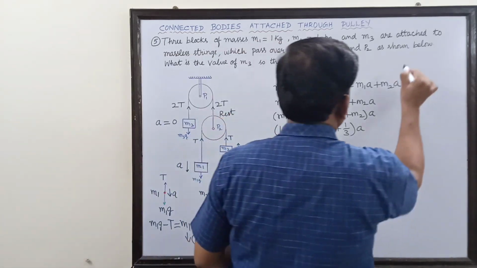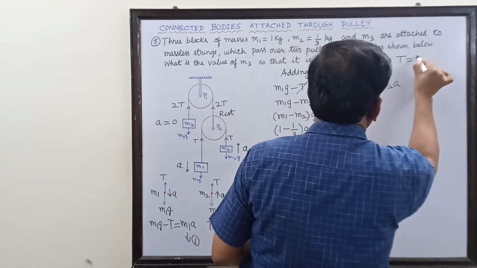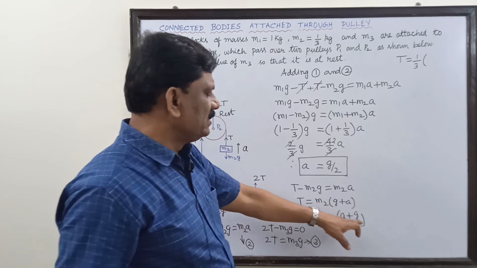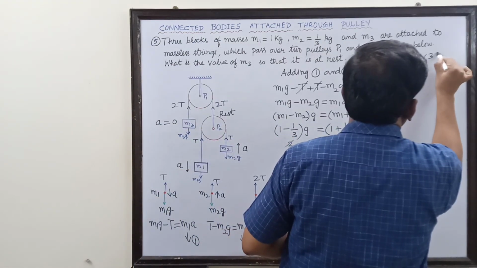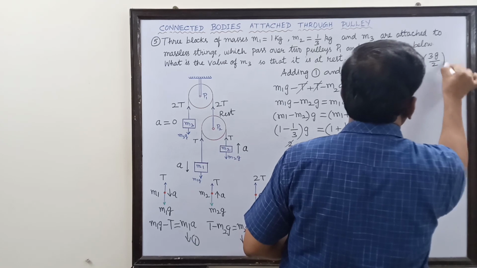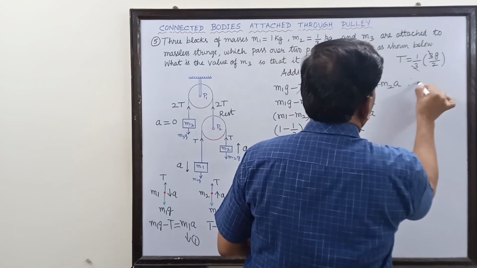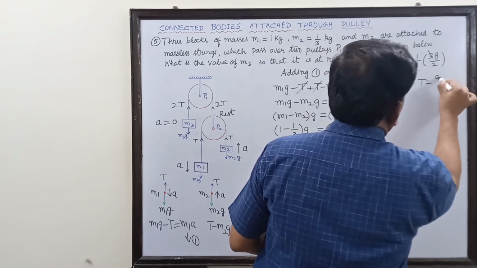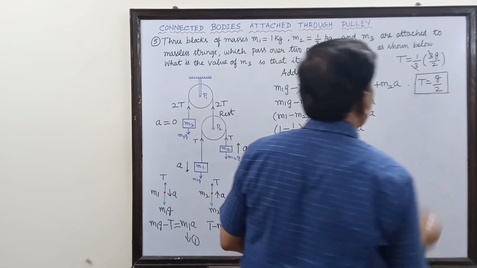So T is equal to 1 by 3 into (g plus g by 2), which is 3g by 2. So 3 and 3 get cancelled. Therefore the tension T is equal to g by 2.